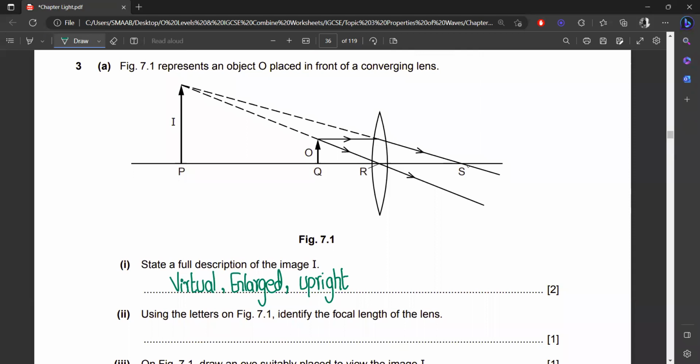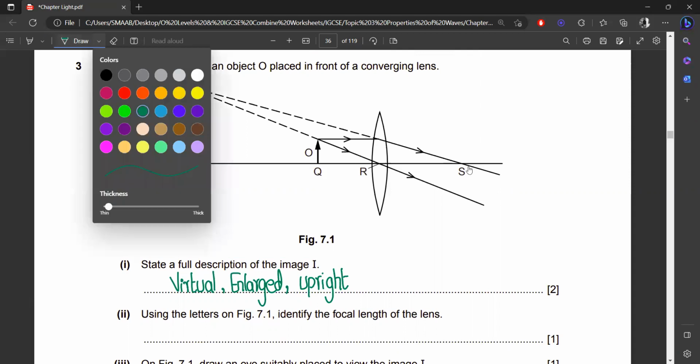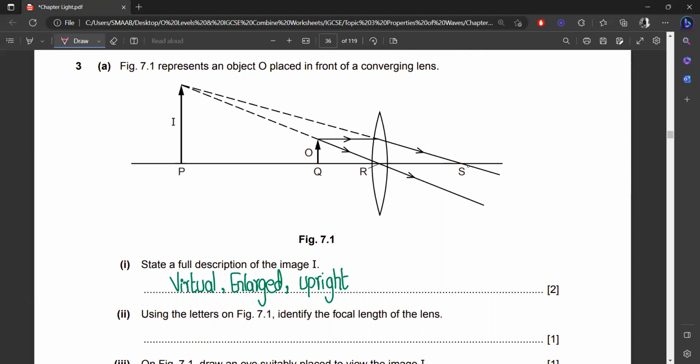Yes, you need to find out the focal length. Q and R? Q and R. Okay, so if you remember, when we draw a ray diagram for the convex lens, we know that light parallel to the principal axis, after passing through the convex lens, will bend through the principal focus.